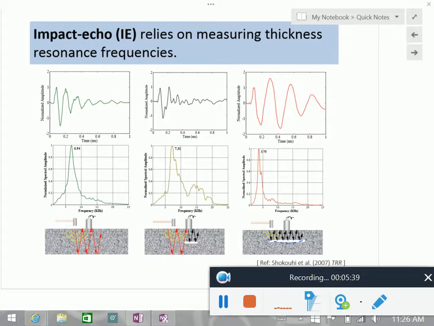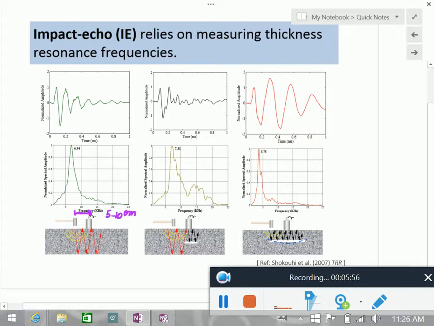Normally this distance is between 5 to 10 centimeters, so 2 to 4 inches. This distance shouldn't be very large.